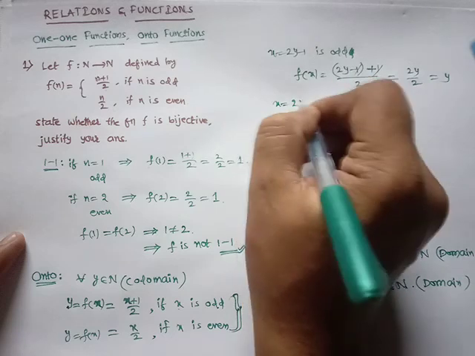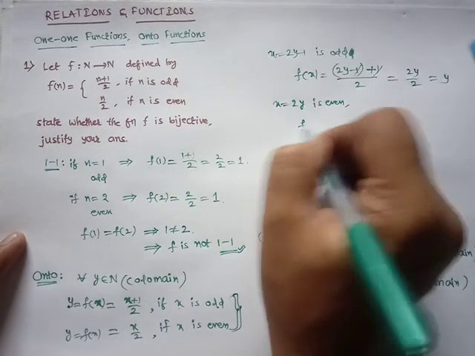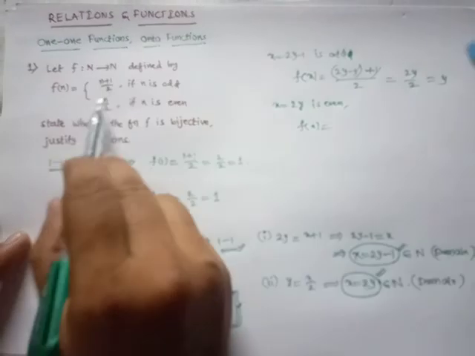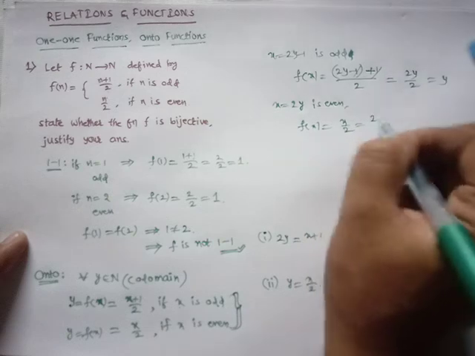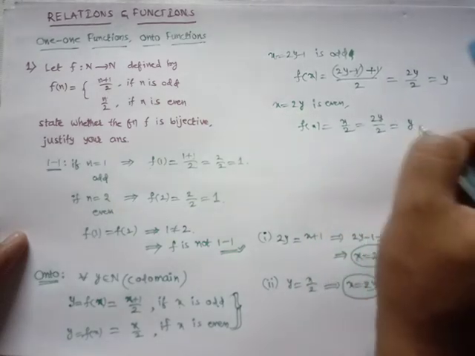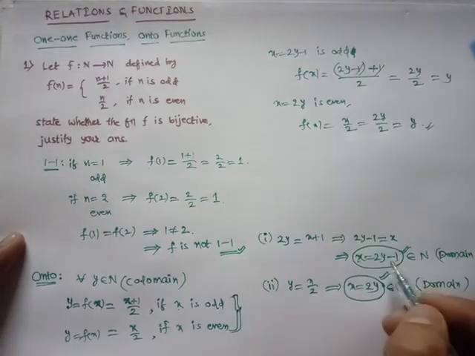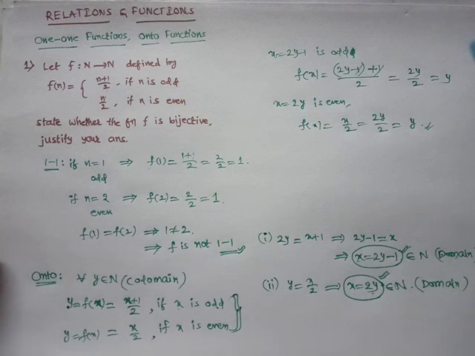If x is equal to 2y, it is the even case, then f of x is equal to x by 2. Here x is 2y, so 2y by 2 is equal to y. So x is 2y minus 1 or x is 2y, so both the cases can be considered.